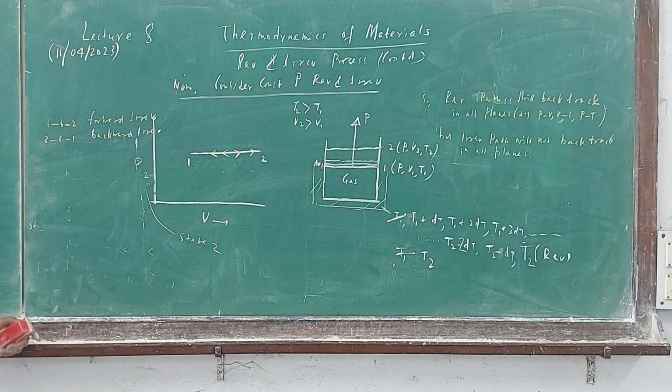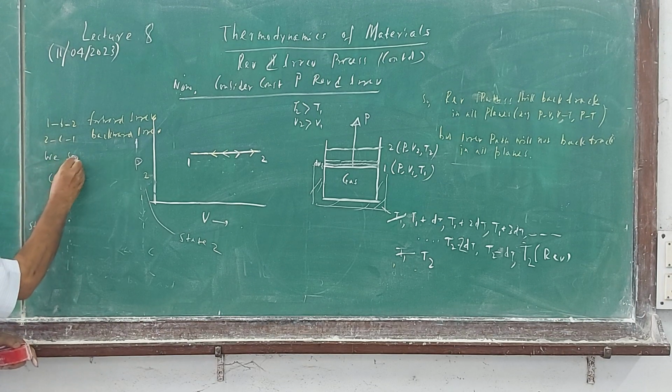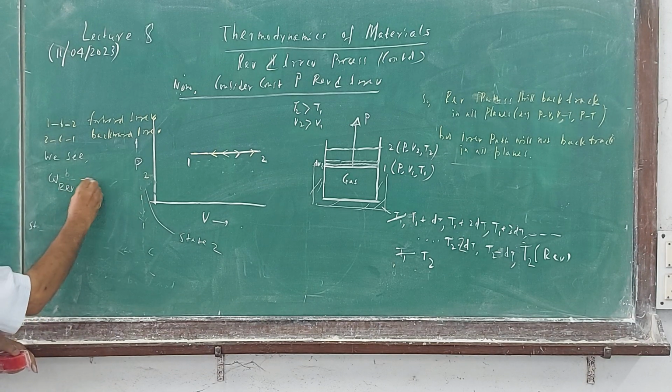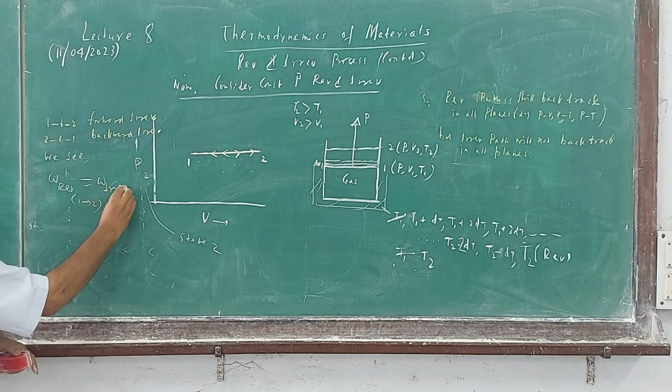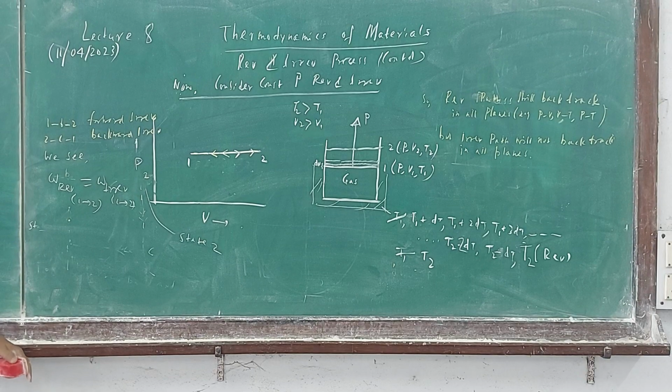Now I tell you, you see something interesting: W reversible from 1 to 2, and W irreversible. This is also an interesting observation. Work done is the area under the curve.